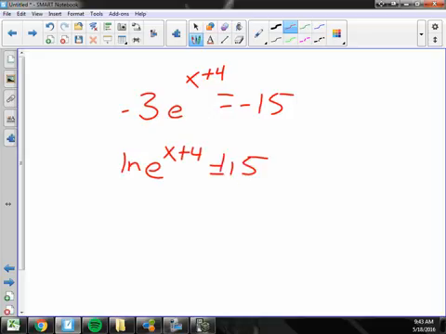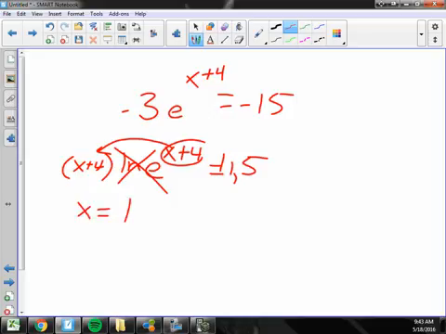Natural log both sides and drop the x plus 4. The ln of e is 1. So I get x equals the ln of 5. And then we're going to subtract 4 from that. So B.